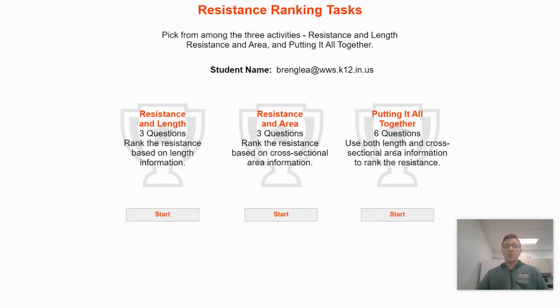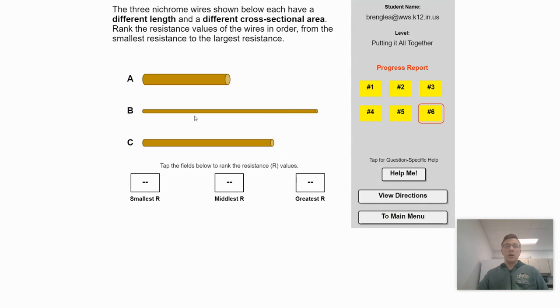And then the last one, putting it all together, is going to include length and cross-sectional area. What we're looking for here is the one that has the least amount of resistance, which would be the shortest, thickest wire. A short wire has smaller resistance than a long wire, and a thick wire has less resistance than a thin wire.